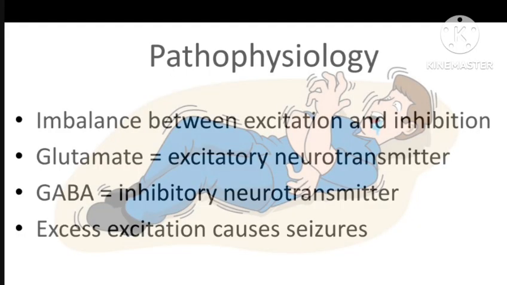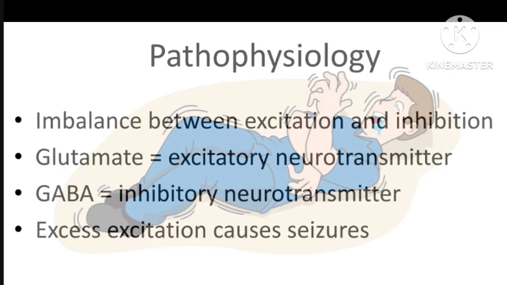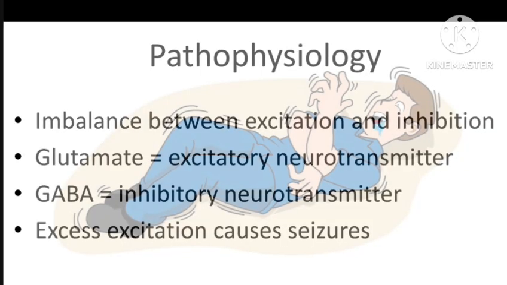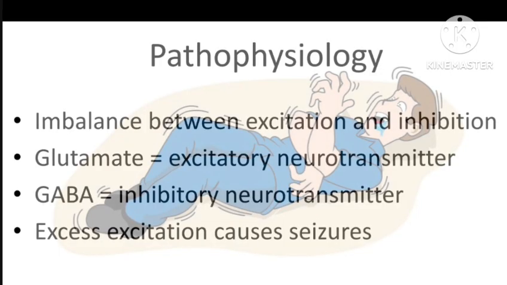It increases neuronal activity. And GABA. GABA means gamma aminobutyric acid. It's the major inhibitory neurotransmitter. It decreases neuronal activity. If excitation becomes too high or inhibition becomes too low, the neurons become hyperexcitable.